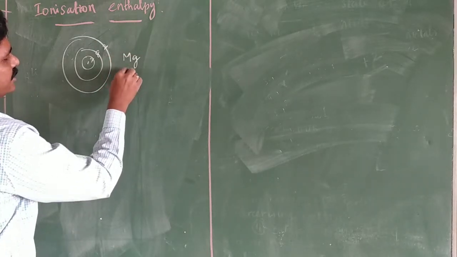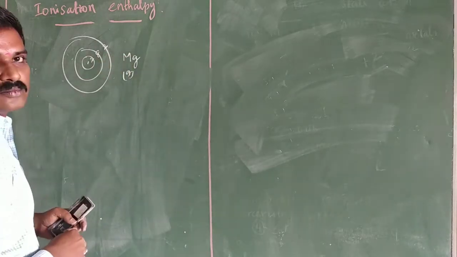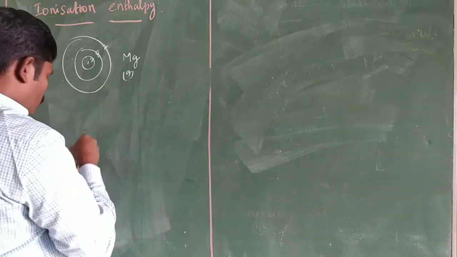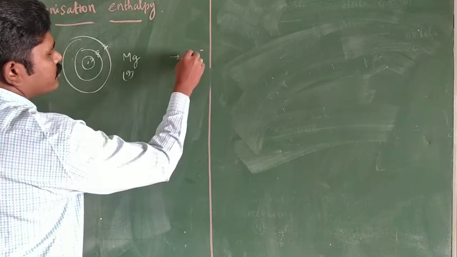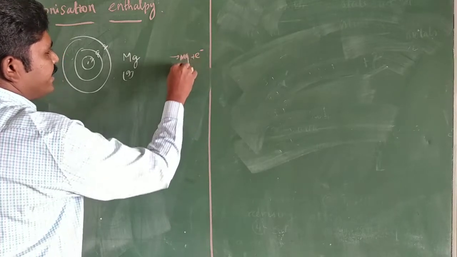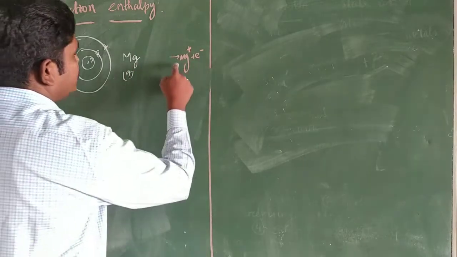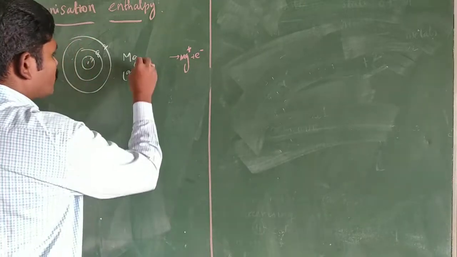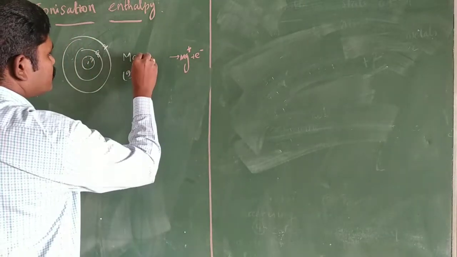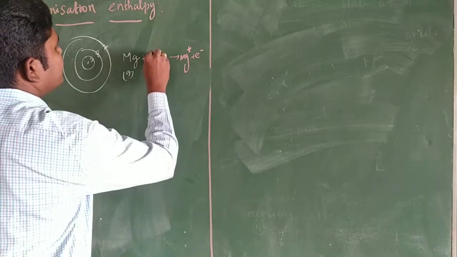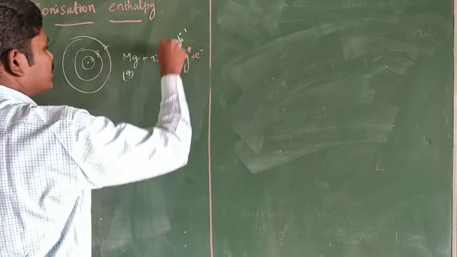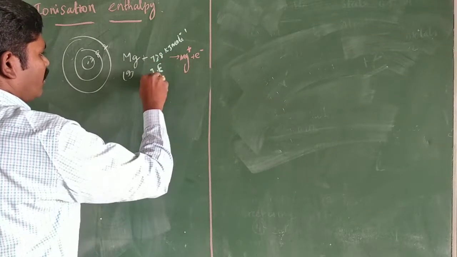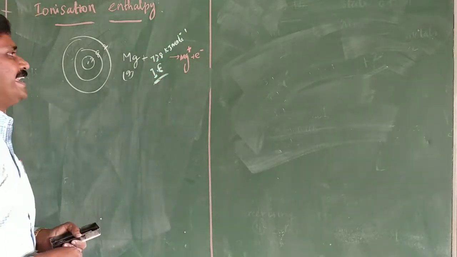Magnesium is in the gaseous state. To remove the loosely bound electron and reach Mg plus requires 738 kilojoule per mole, the ionization enthalpy or ionization energy.